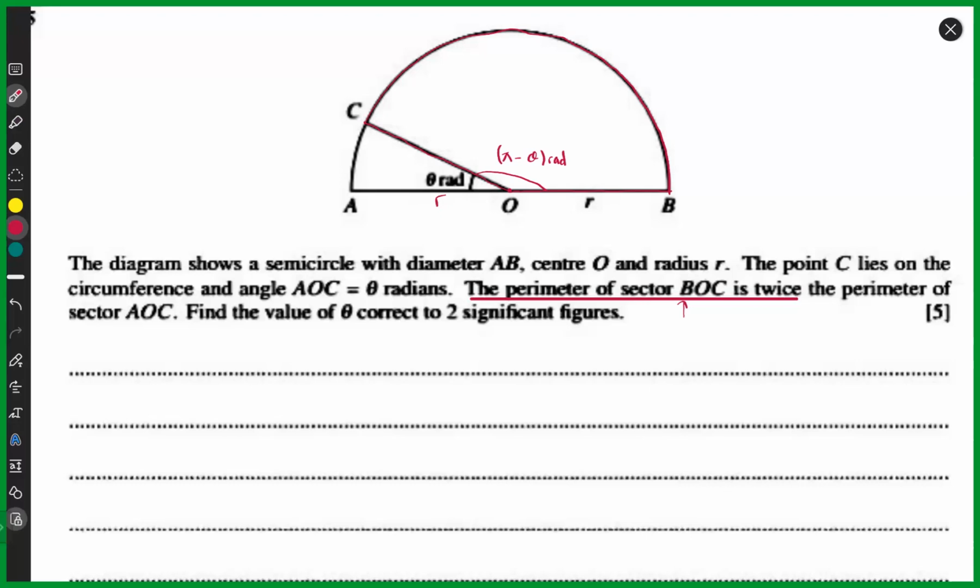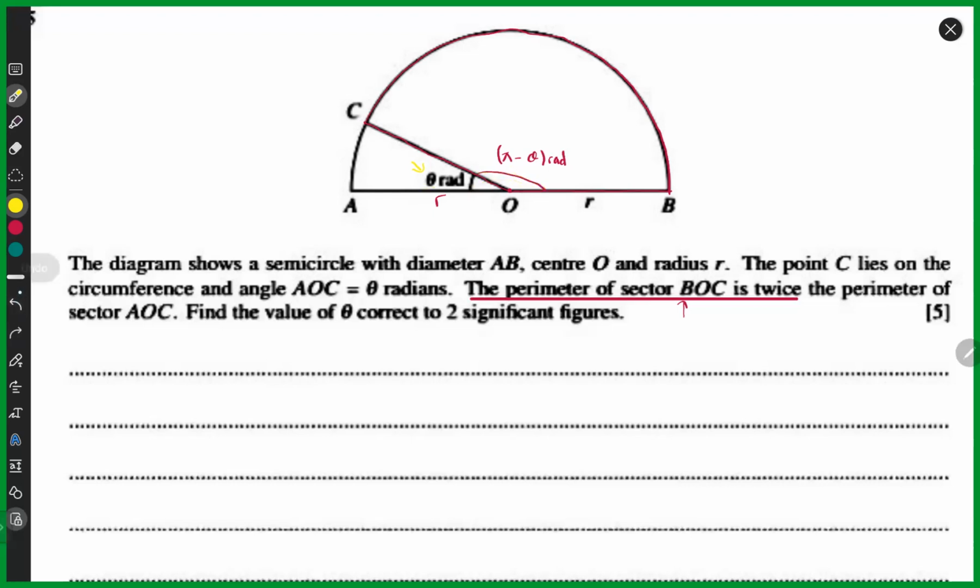This is theta radians. If I am interested in this angle right here, the sum of angles on a straight line is 180 degrees, and since they're talking about radians, it is pi radians. So this yellow angle is pi minus theta. The entire thing was pi, and I've taken out theta and I'm left with pi minus theta.